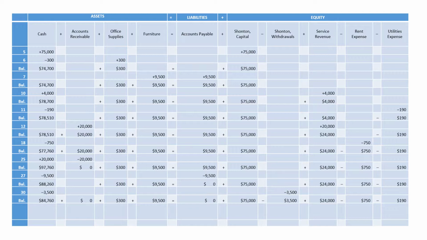So assets equal liabilities plus equity. If that isn't true, you've got to find out why, and you've got to fix it before you go to our next step. So this is how we introduce you to summarizing transactions, so that we take all that detail and get it into a summary level, that final balance, so that we can then create our financial statements.